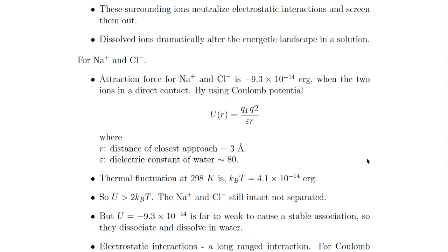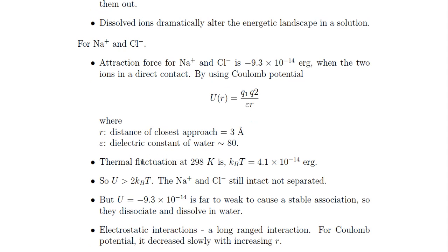The attraction force is minus 9.3 times 10 to the power minus 14 when the two ions are in direct contact. This is using the Coulomb potential, where R is 3 Angstrom and the dielectric constant epsilon is 80. So we get this equation. For the thermal fluctuation, which is because of the temperature, kBT equals 4.1 times 10 to the power minus 14.